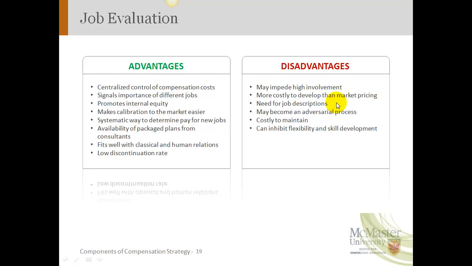Job evaluation, which is the other method of determining base pay, and this is more internal. Some of the advantages are it centralizes the control right in the HR department for compensation. It promotes internal equity, which is great for pay equity, right? We also have here the availability of package plans from consultants.